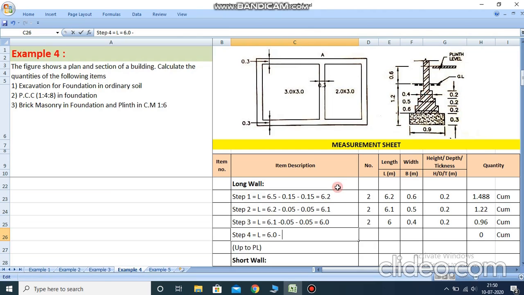So for the left and right side, this side and this side, on both sides we minus the 0.05 and minus the 0.05. So we also find the length is 5.9 meter. So 5.9 meter is the total length of the fourth step.